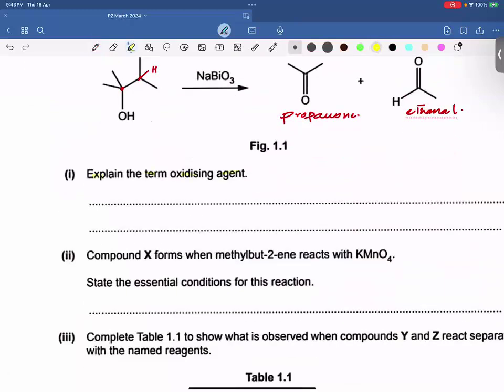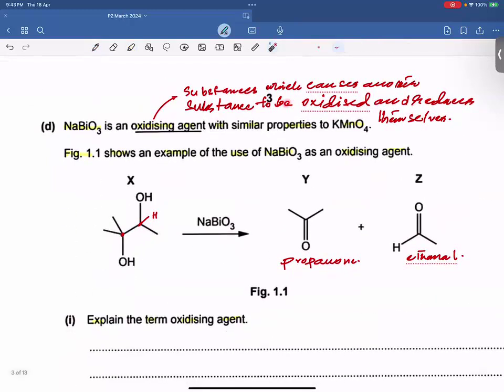Explain the term oxidizing agent. So that's what we have done here.